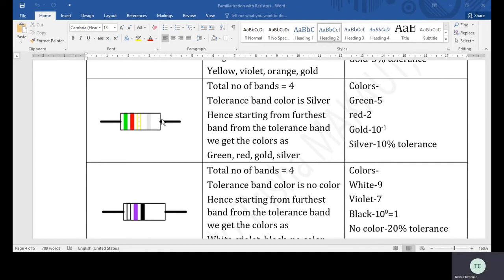But if the bands are at an equal distance and no other band at a further distance is found, then it is considered as no color. If there is a band at a distance from the other bands, then the last band will be that color. If no such band is found in the resistor, then it is considered as no color. Okay.